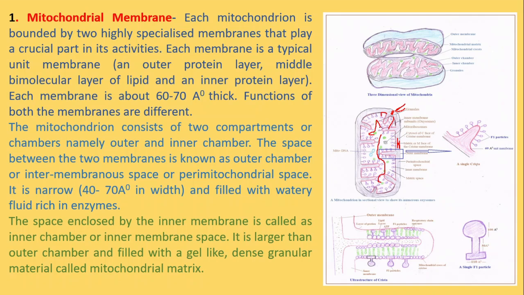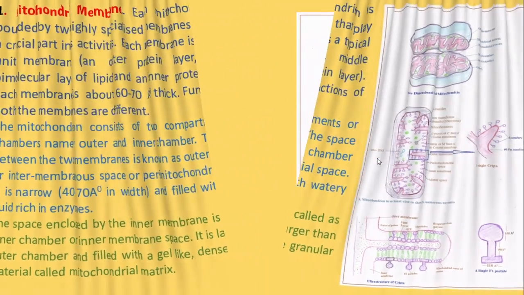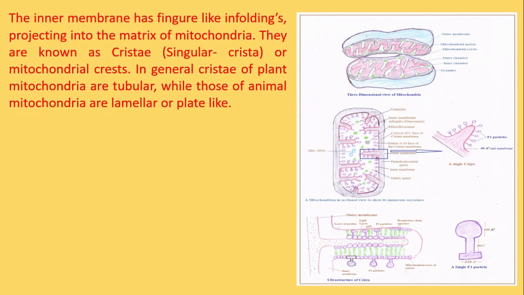As compared to the outer chamber, this inner chamber is large and broad, and it is filled with gel-like dense granular material called the mitochondrial matrix. So this is all about the membranes.